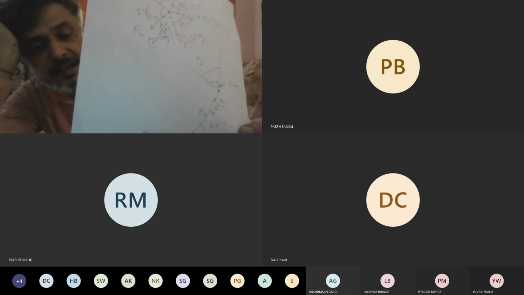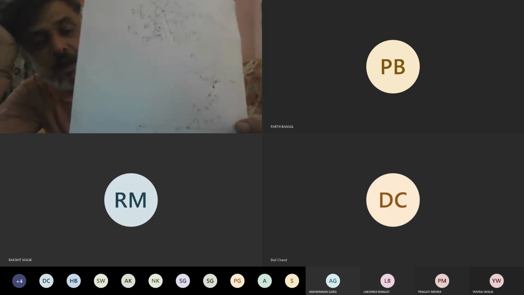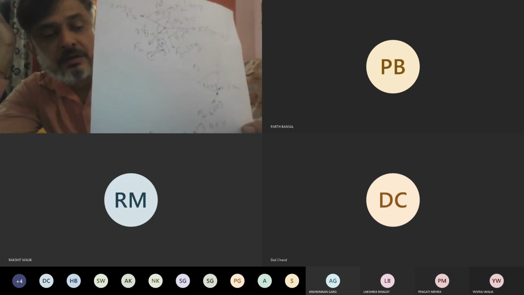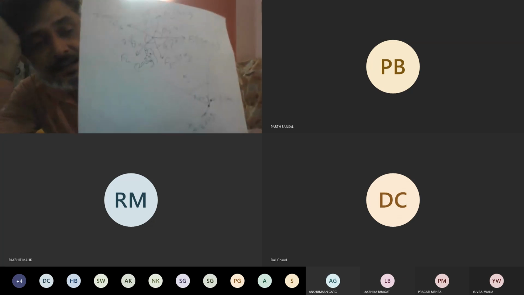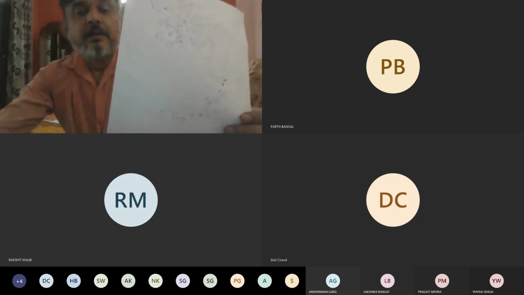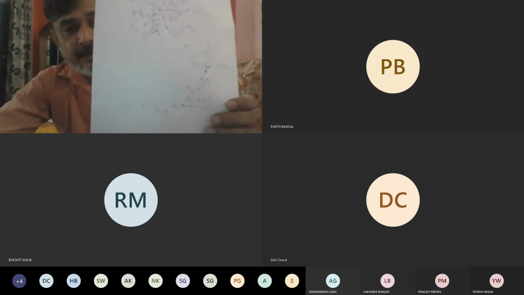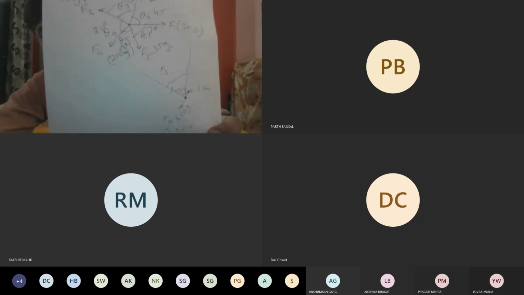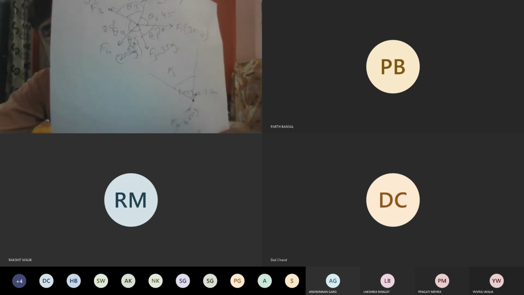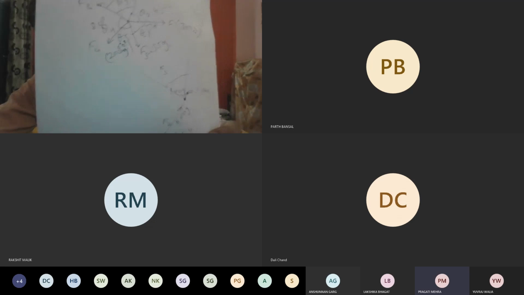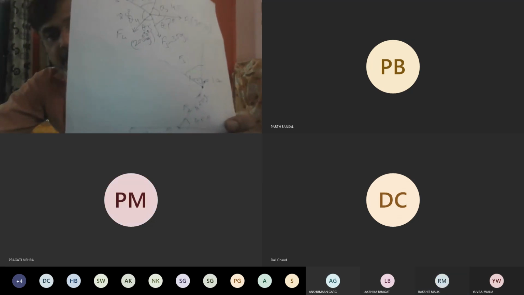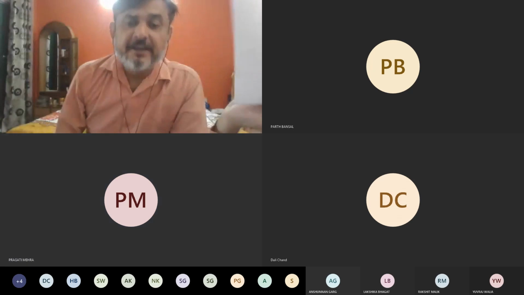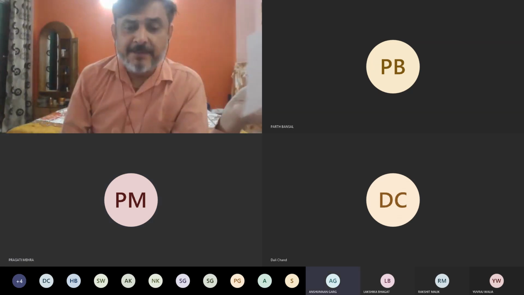In this way, we can calculate the value of the closing sides also. This closing side is for F5. You got it? Students? Yes, sir. If you have any query regarding this, tell me now.